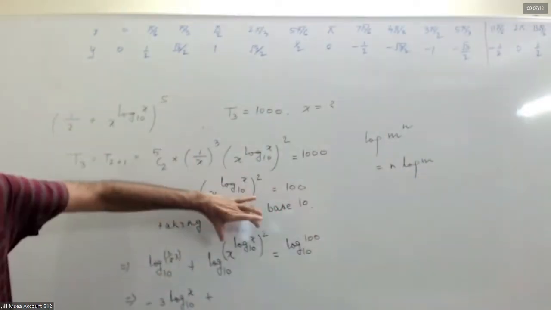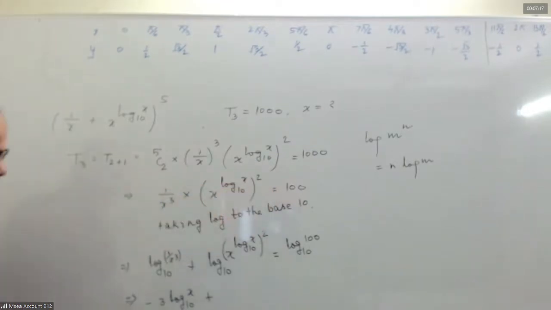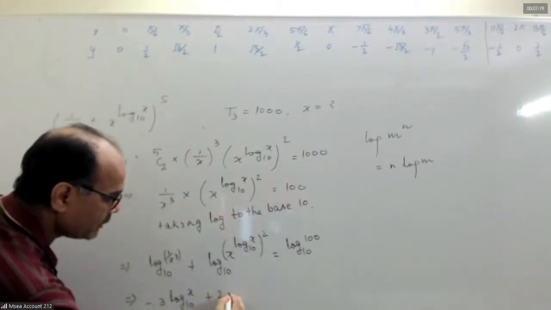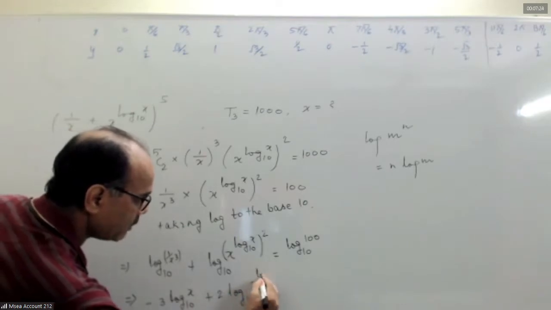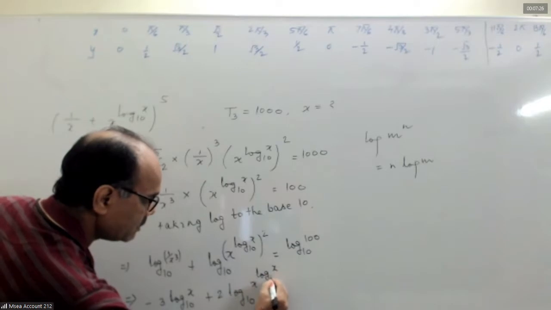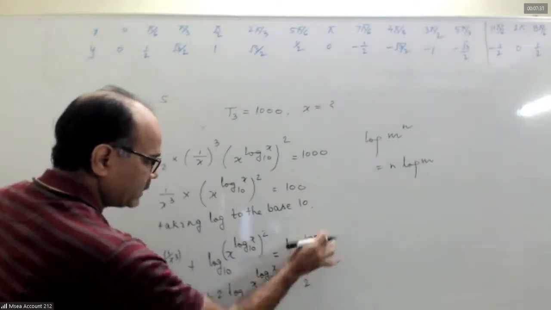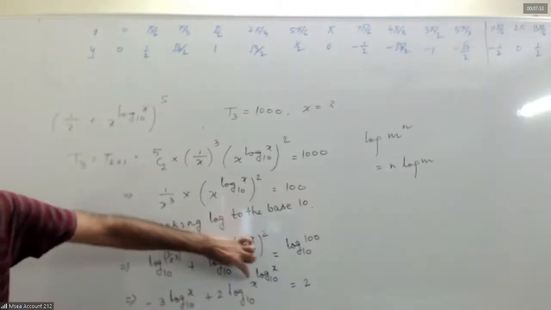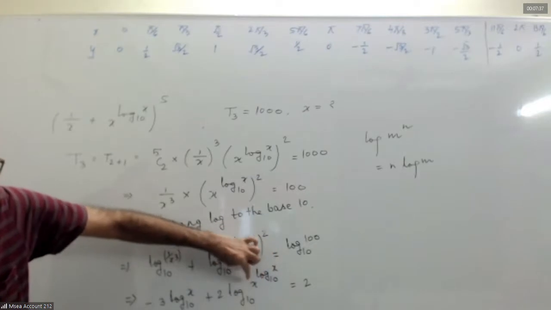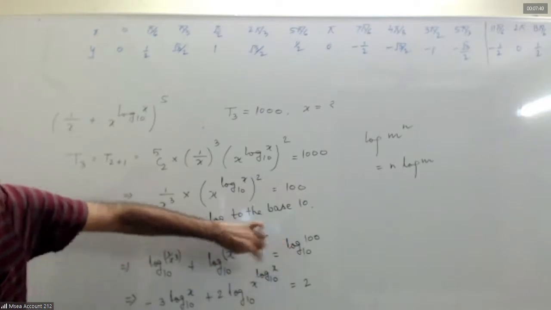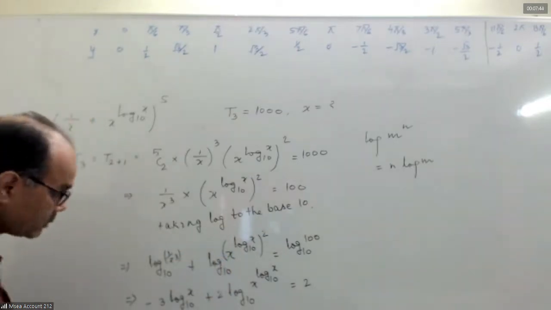So this whole number is some m to the power n. So this will come here: 2 times log base 10 x to the power log x base 10 equals 10 square. Now x to the power something, treat this as m to the power n. So it will come here again.